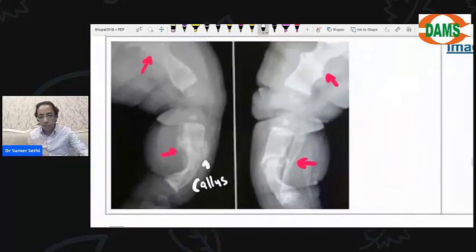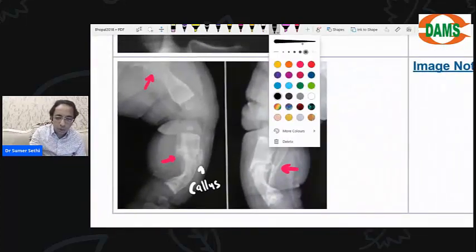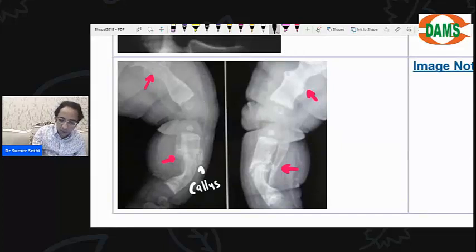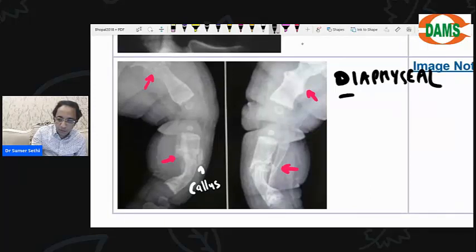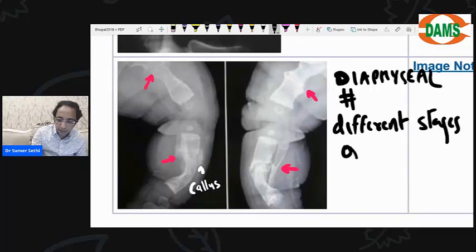Now I'm sure some of you will be able to answer. This patient has multiple diaphyseal fractures in different stages of healing.